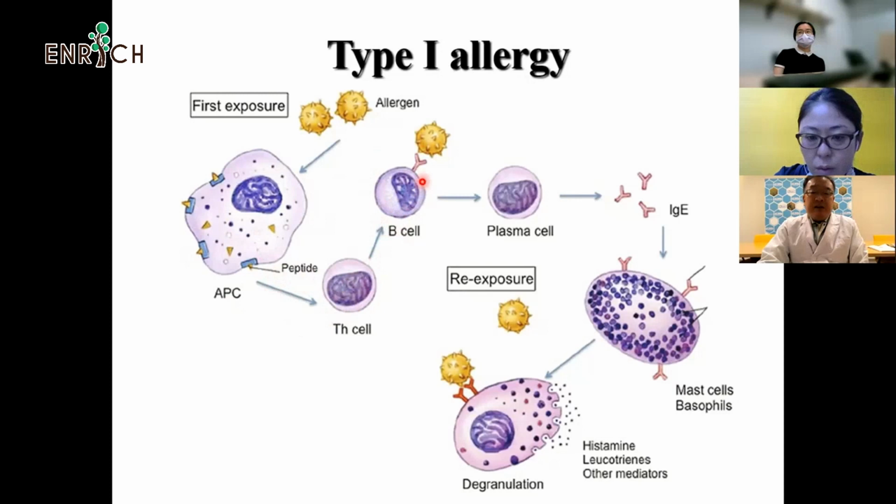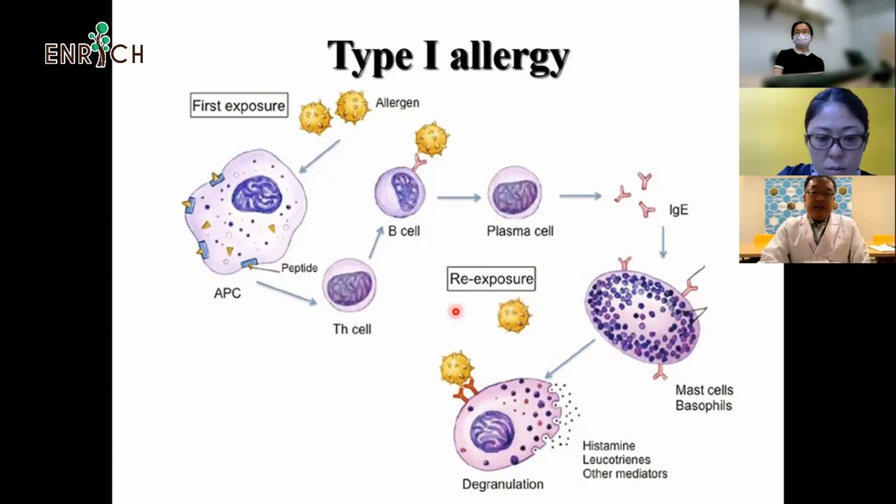Then the activated B cells produce immunoglobulin E, IgE. After that, IgE binds to the surface of mast cells. In this stage, mast cells get ready to react to allergen.